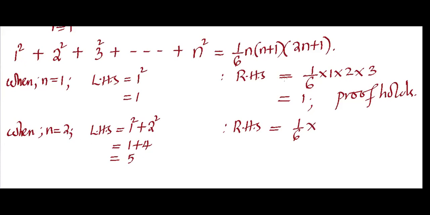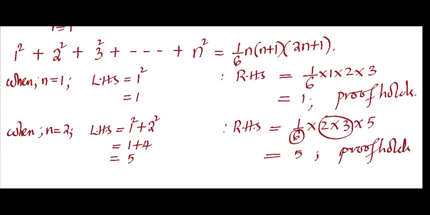So that is a sixth times 2 times 2 plus 1, which is 3, times 2 times 2, 4 plus 1, that is a 5. So this 6 and that one cancel to leave us with a 5, and we are ably saying proof holds again, since the 2 sides balance.